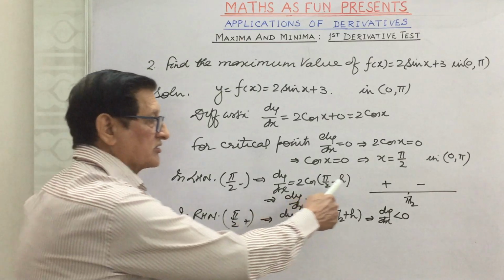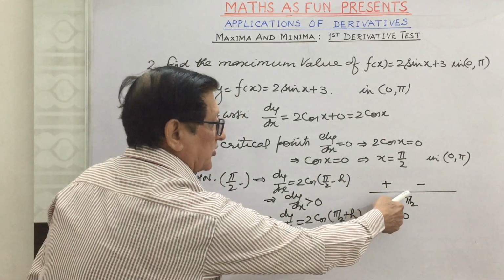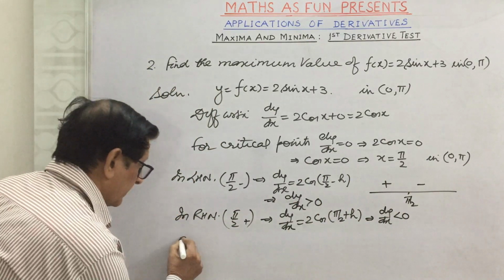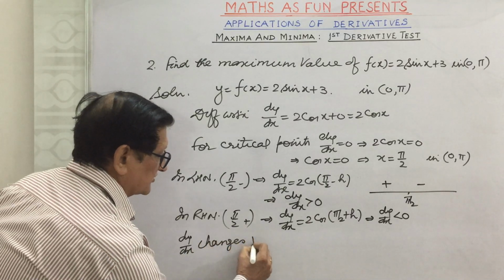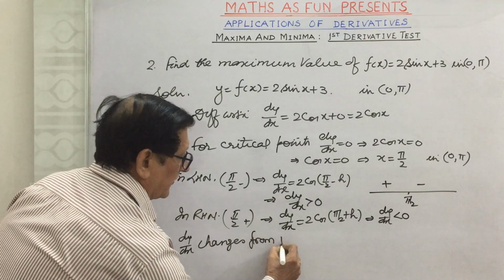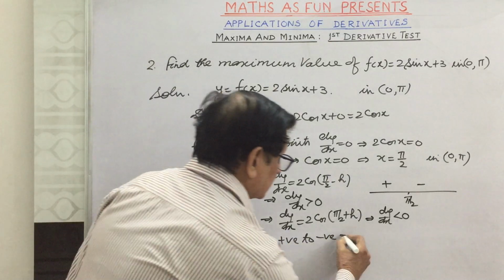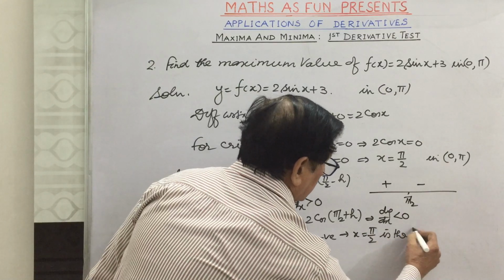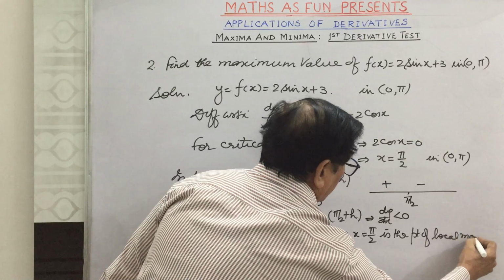It means dy by dx is changing the sign from positive to negative, so this is the point of local maxima. So we find dy by dx changes from positive to negative. This implies that x is equal to pi by 2 is the point of local maxima.